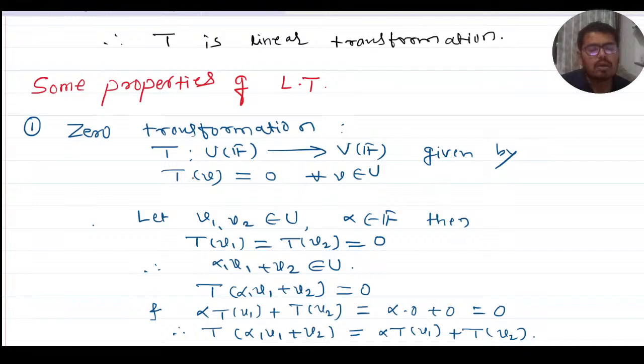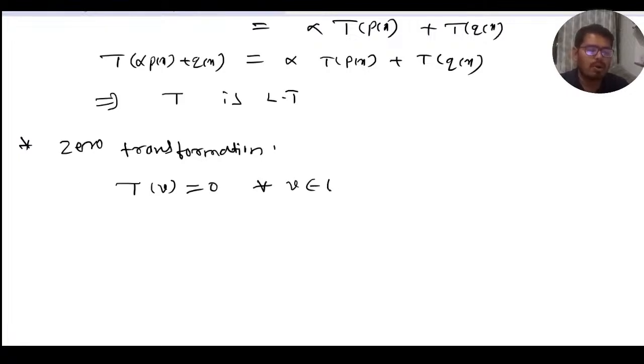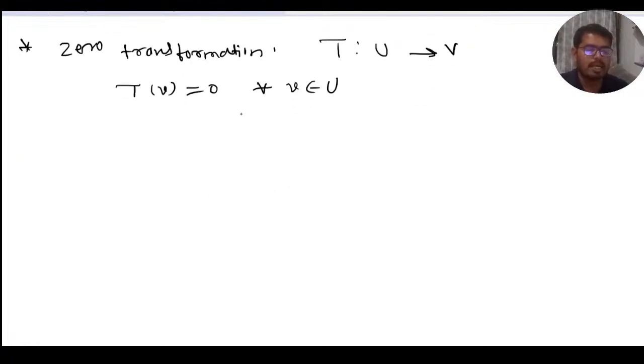Yesterday we already saw that the zero transformation is a linear transformation. How do you define it? Suppose T is a transformation from U to V. The zero transformation is defined as T of p is equal to 0 for all p belongs to U. Every element in the domain is mapped to 0.